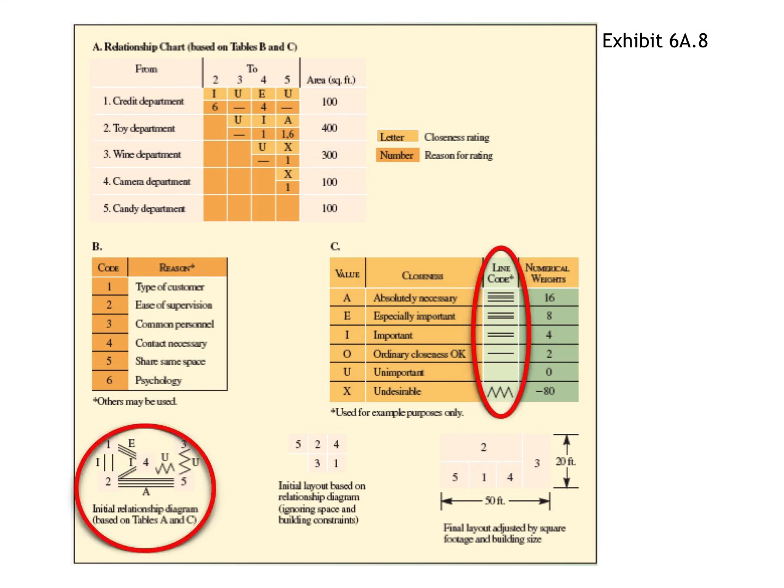From this, the layout designer creates an initial relationship diagram using the line codes from Table C. So the relationship between Department 1 and Department 4 is especially important.